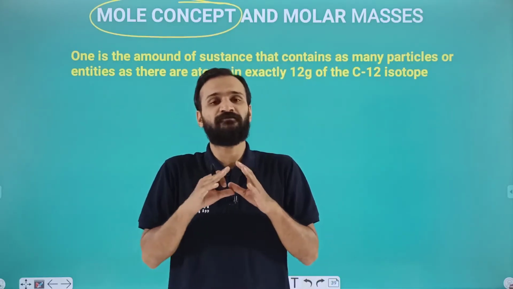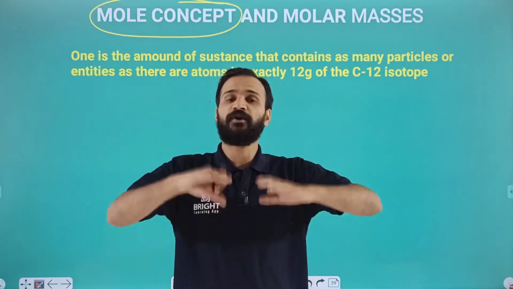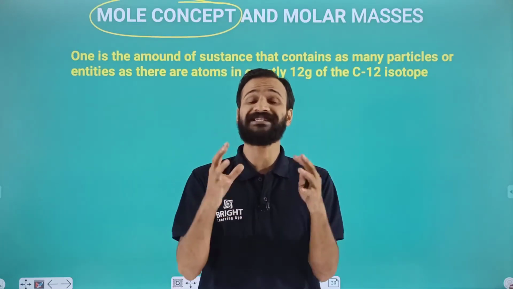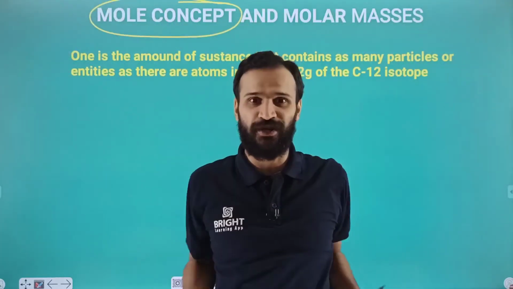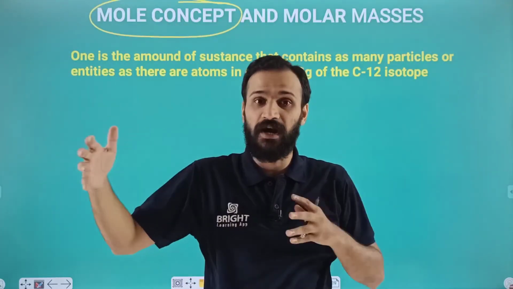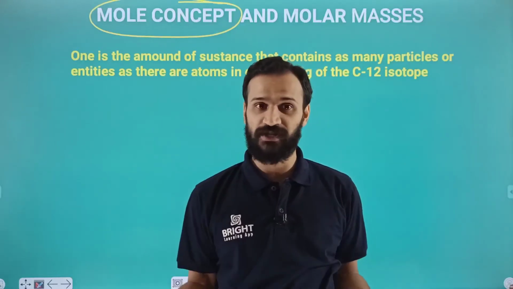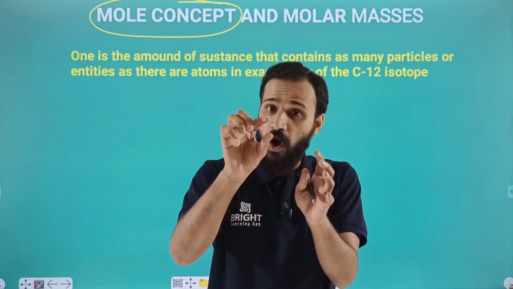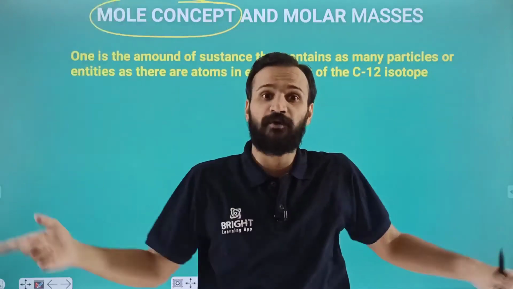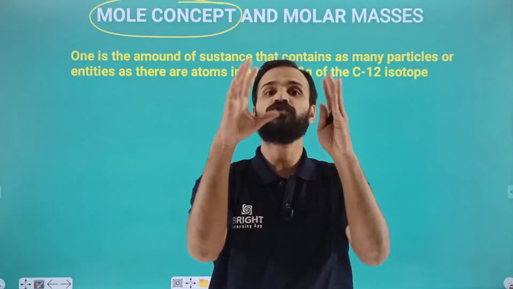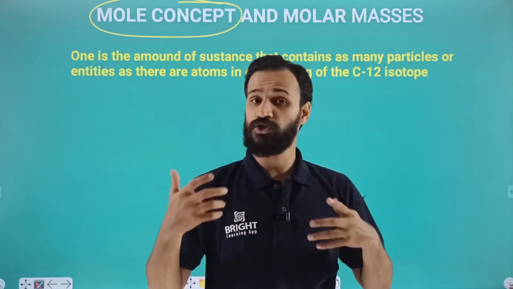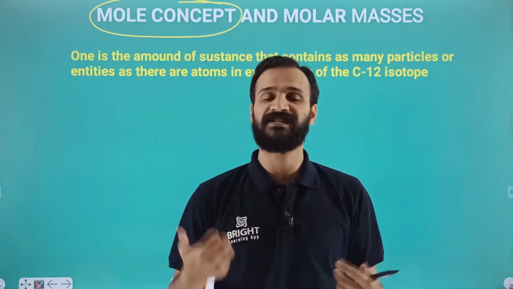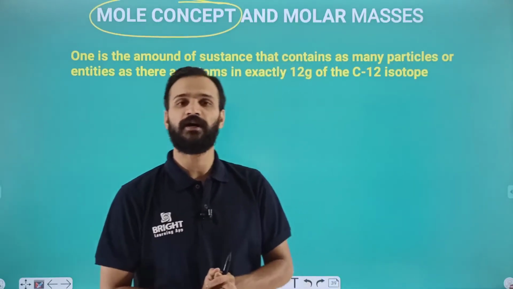So for convenient calculation and usage, we need a unit to represent that large number. Even in a small amount of substance, a large number of particles will be there. So to calculate the number of electrons, protons, neutrons, atoms, molecules, etc., we need a convenient unit.